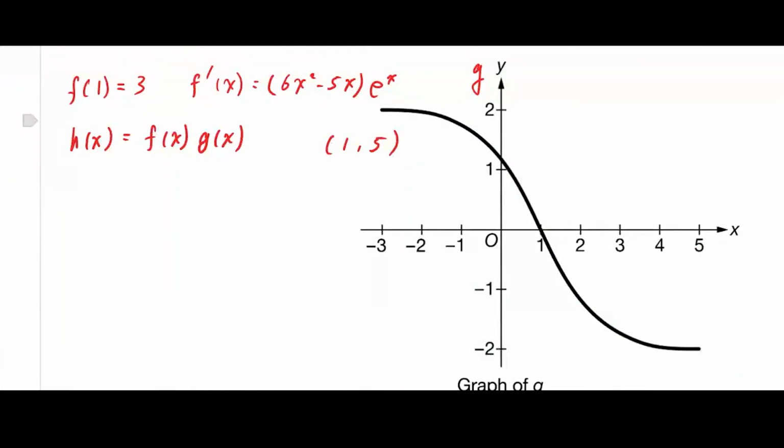So we want to know if h of x defined like this is increasing or decreasing from 1 to 5, right? Okay. So first of all, h prime of x, according to the product rule, is f prime of x times g of x, plus f of x times g prime of x, right? And then we need to know whether this is positive or negative now, right?